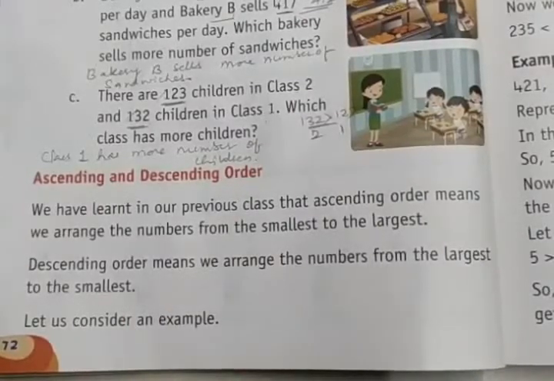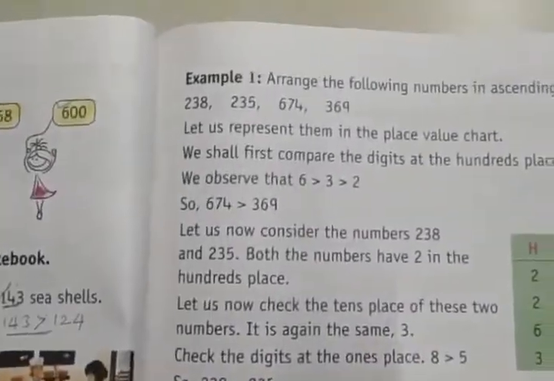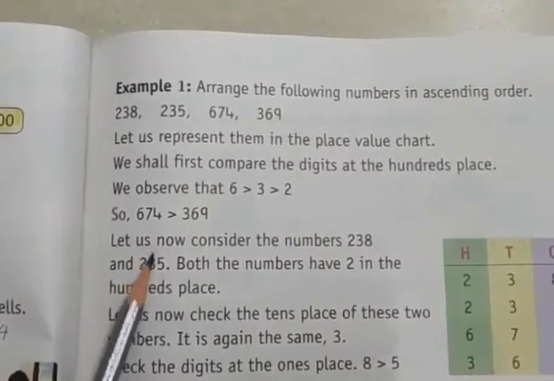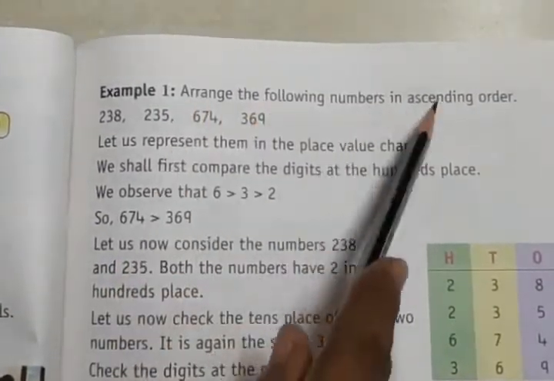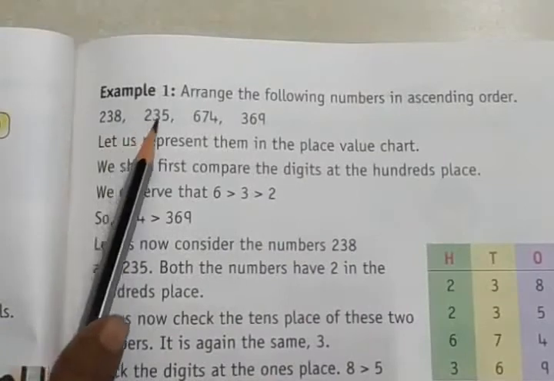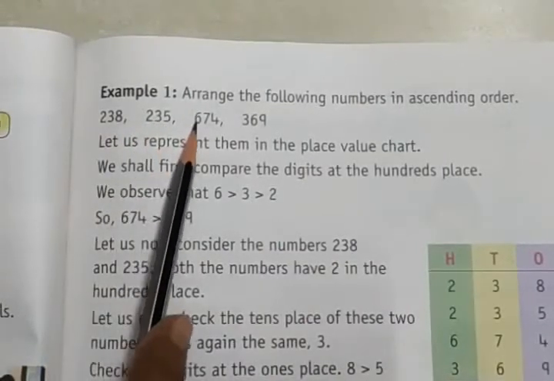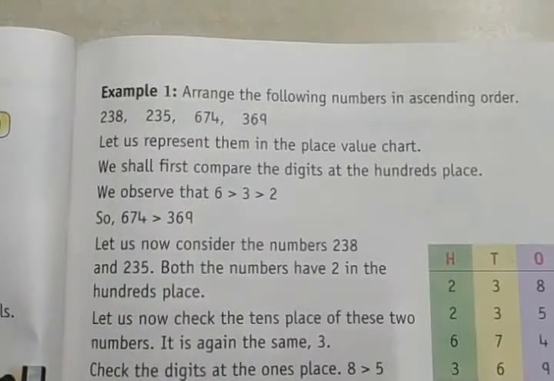Let's consider an example. See here. Example: arrange the following numbers in the ascending order. 233, 438, 235, 674 and 369.